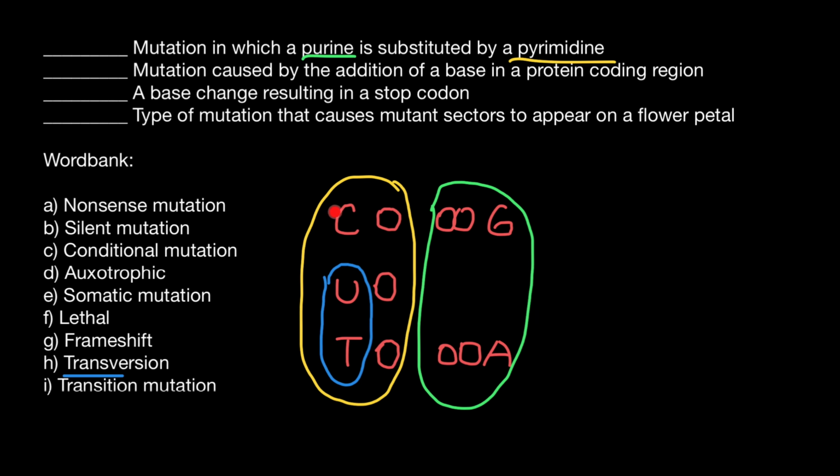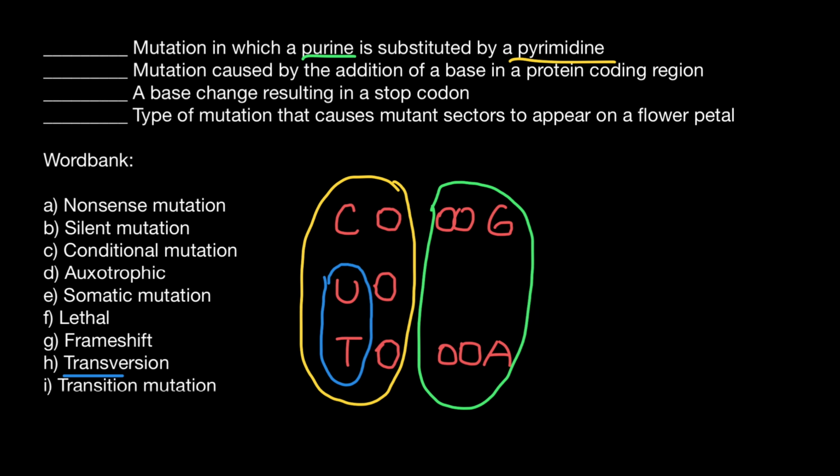For example, if any of these bases would change with itself, we call this transition mutation. Or if one purine would be substituted with another purine, we call this transition mutation. But if one pyrimidine would be substituted with purine, then this is going to be transversion mutation.